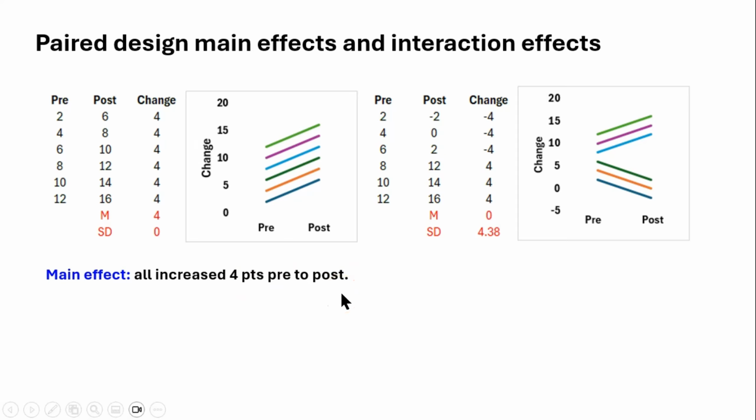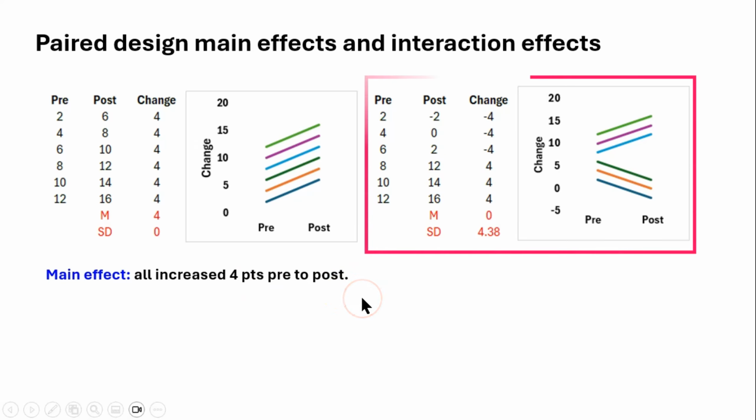However, look over here now on the right-hand side. Same number of subjects, but they respond in different ways. So let's take a look. The same pretest scores, but the first 3 subjects went down 4 rating points at post, and the last 3 subjects went up 4 rating points at post.